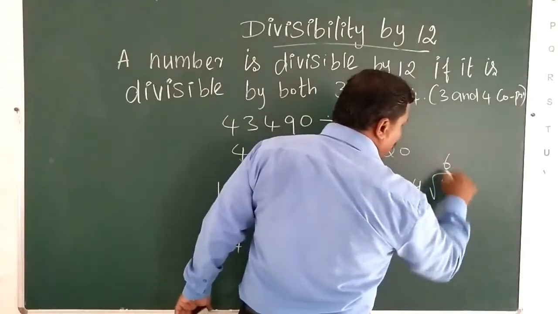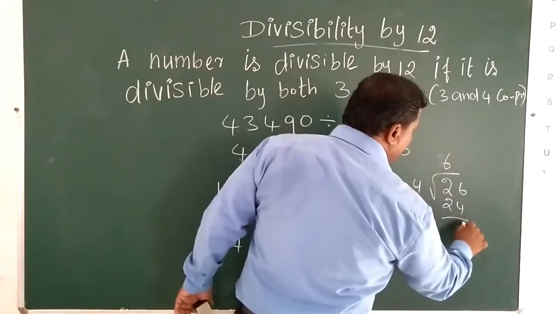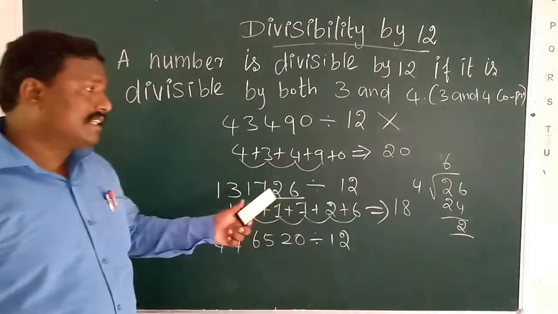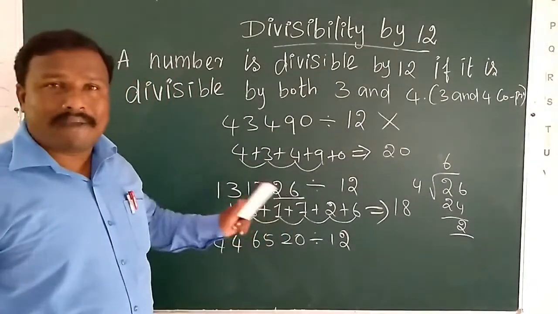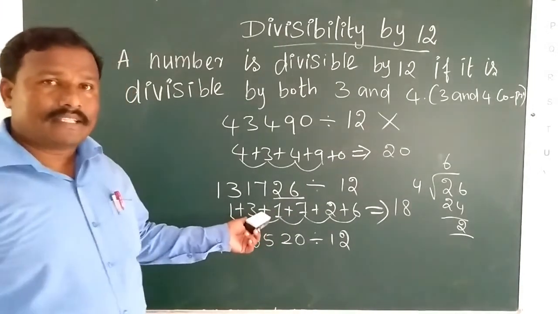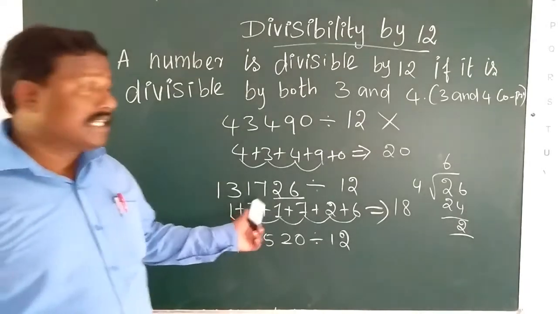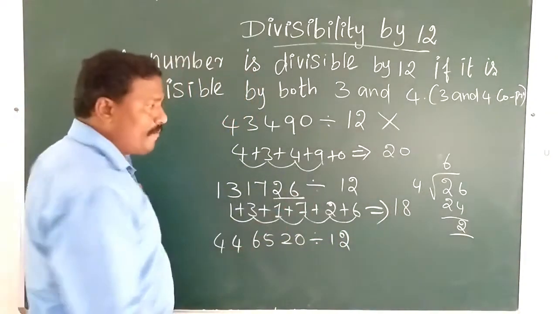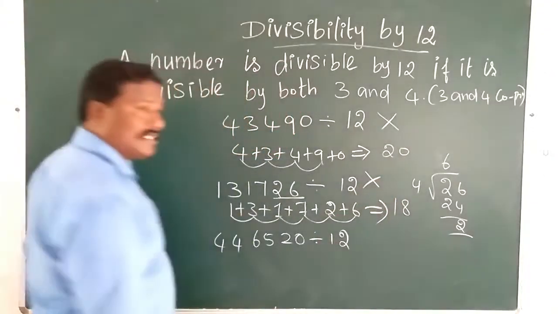So 6 4s are 24, which means the remainder 2 is there. So the number is not divisible by 4, but the number is divisible by 3. The number is divisible by 3, but not divisible by 4. So even 12 does not divide this number.